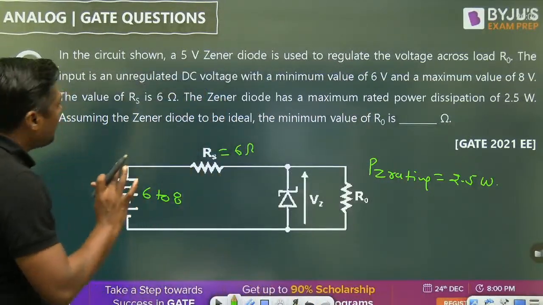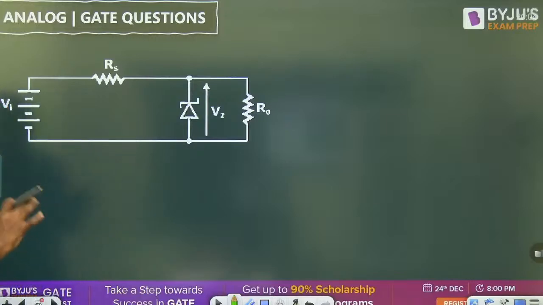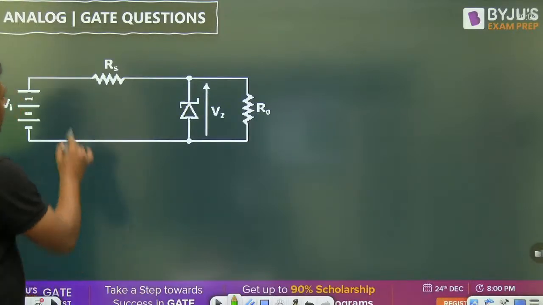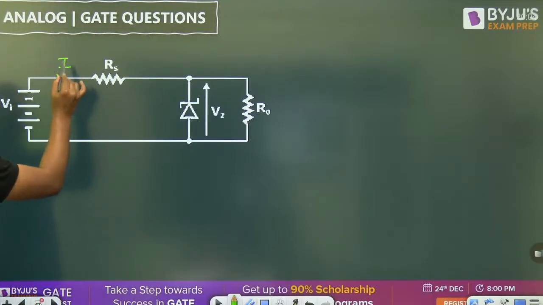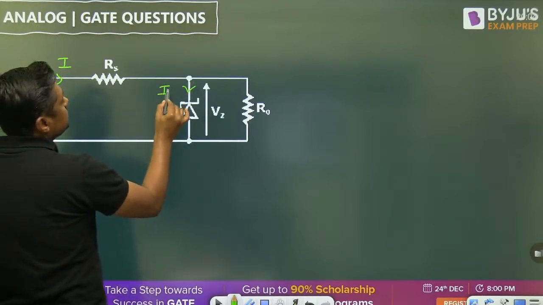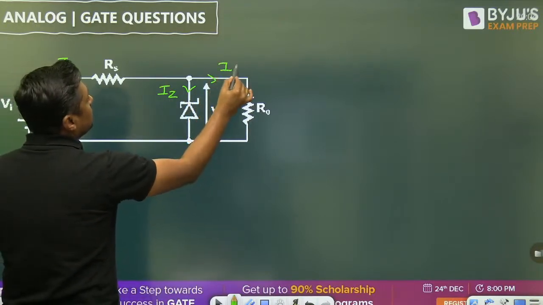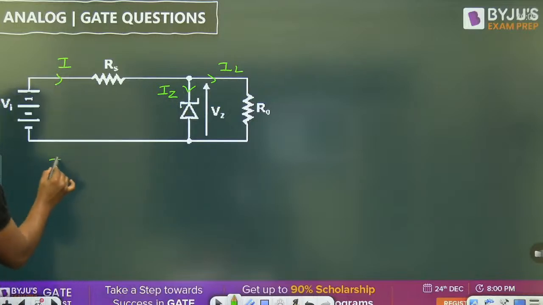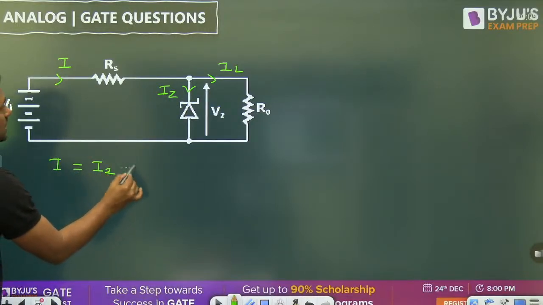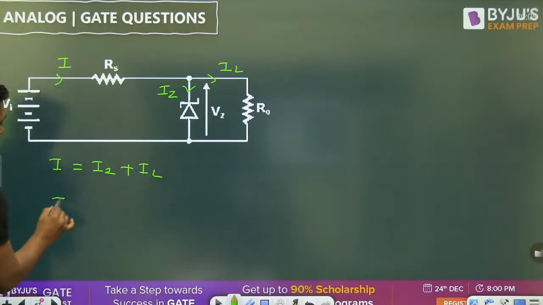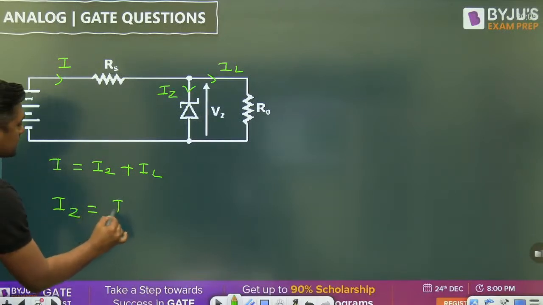For a Zener diode, remember we have only two formulas. Let this current be I, this IZ, this IL. We can write I is equal to IZ plus IL, so IZ is equal to I minus IL.